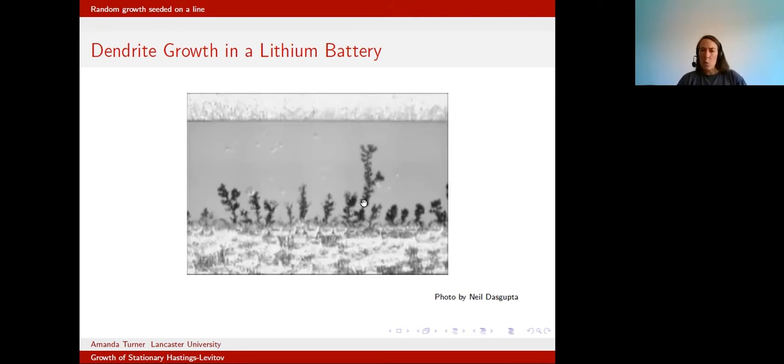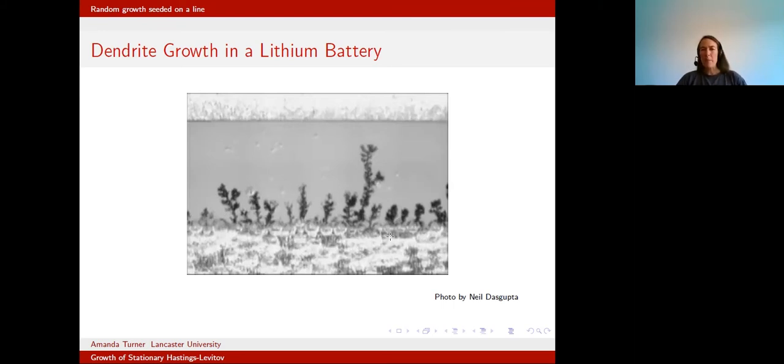And the biggest problem that can happen is one of these dendrites can get so long that it touches the other side. Then it can short circuit, or in extreme cases, it can even punch through the other side and cause fires. I don't know if you remember a few years ago, the Samsung Galaxies kept spontaneously catching fire. One of the conjectures for why that might have been happening was to do with these dendrites.